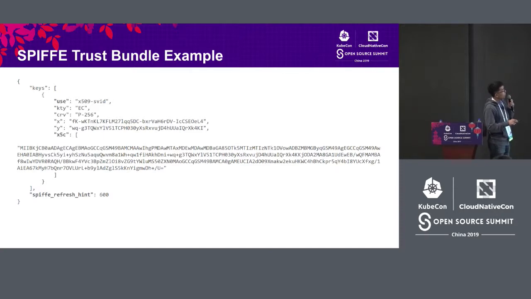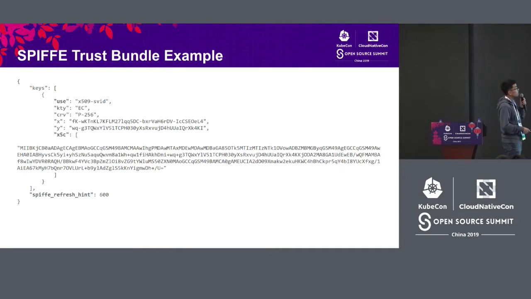This is an example of the JWKS for the trust bundle. You will have keys representing the certificates for this trust domain. It's an array, so that means you may have multiple keys that you can use to verify the certificates in that trust domain. The use part is required by the SPIFFE standard to be x509-svid.